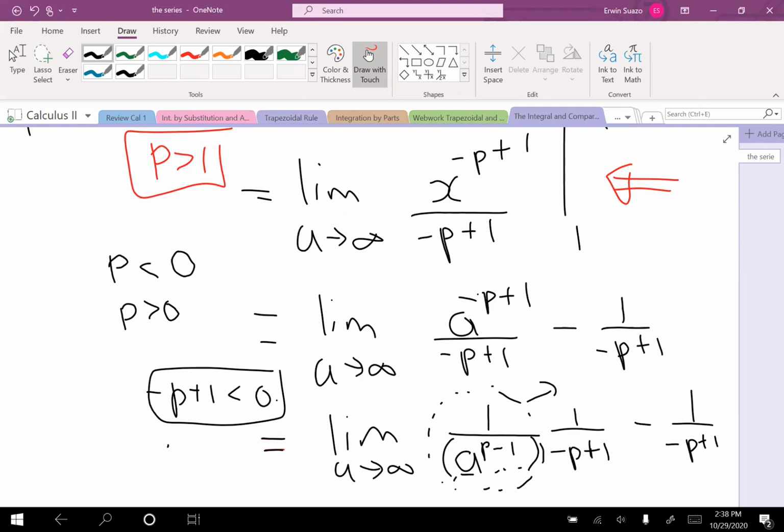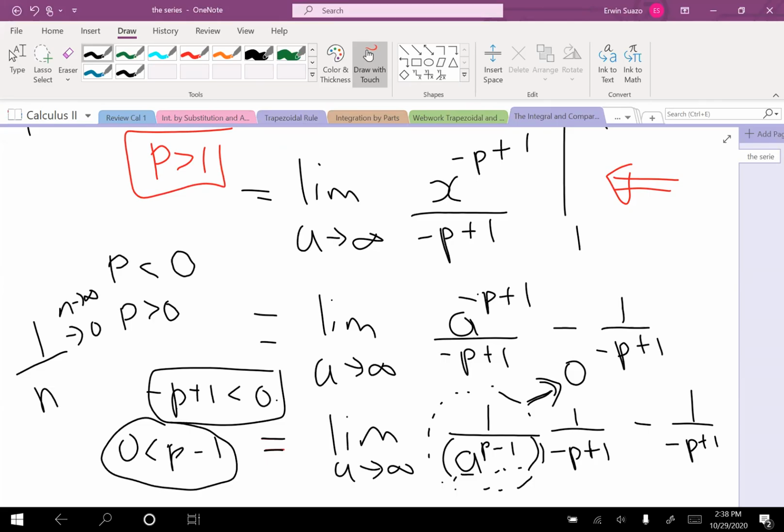So this is 1 over a to a positive power. So when a goes to infinity, this goes to 0. Remember we said 1 over n goes to 0 when n goes to infinity, and 1 over n squared also goes to 0. Similarly for any such power, so this guy goes to 0.